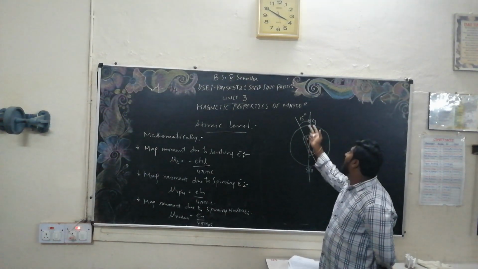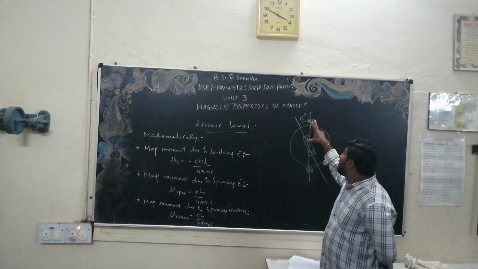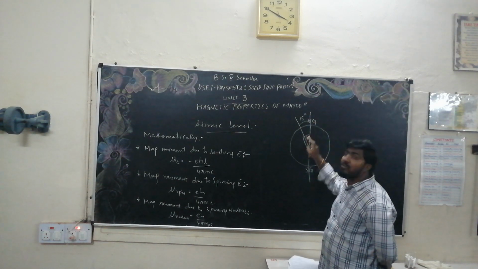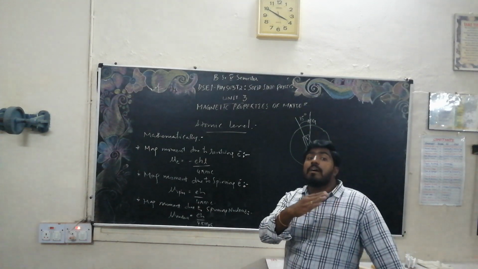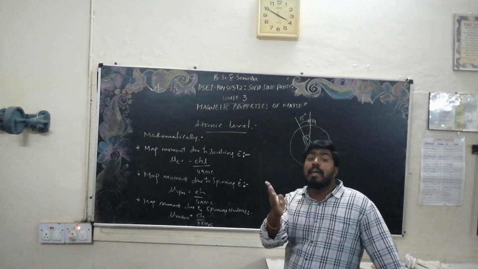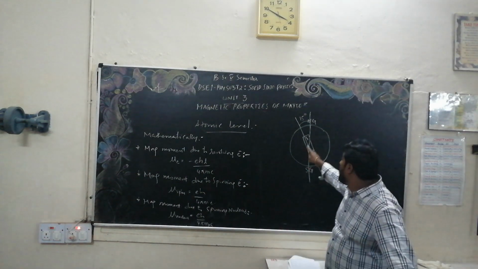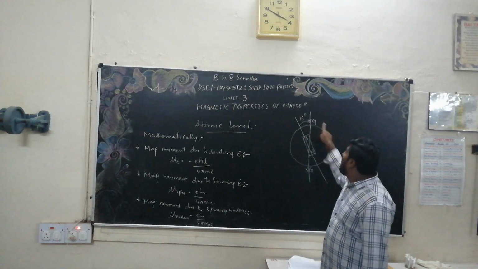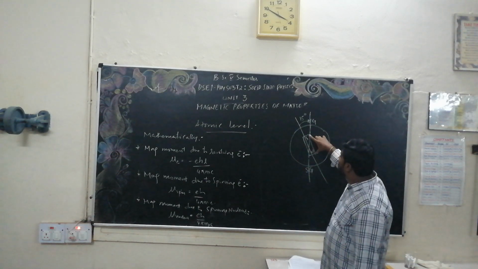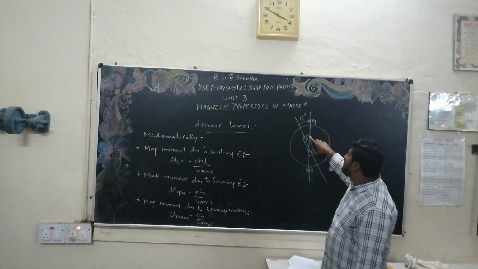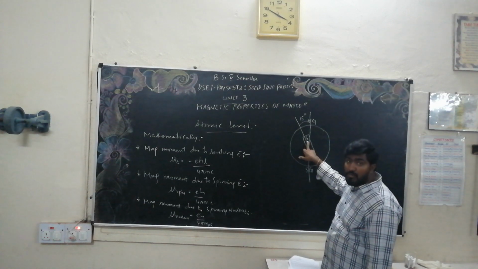Then only it starts attracting. As I told you, if I write north, it starts repelling. But it does not repel, it starts deflecting or aligning towards the north itself because the Earth behaves as a magnet.